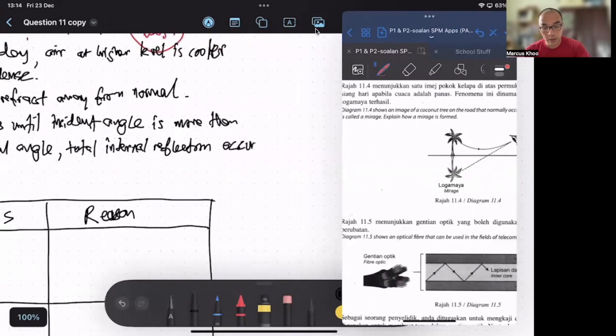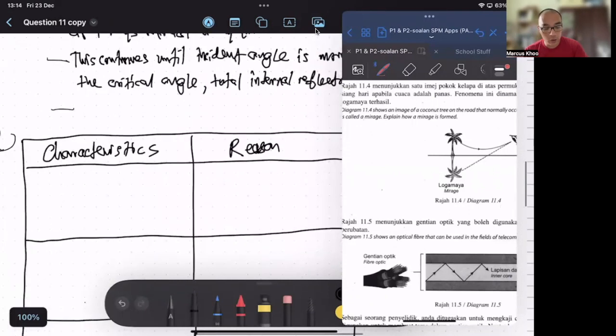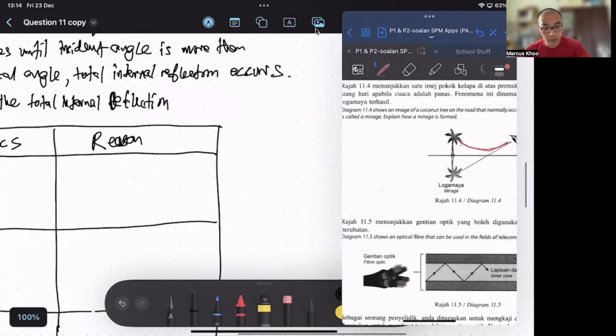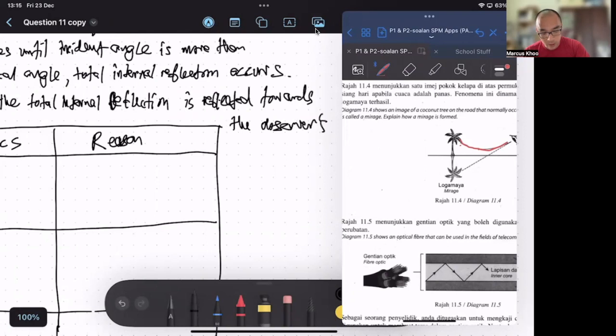So it will refract away until total internal reflection occurs. So when this happens, the image is reflected towards the observer's eye. Okay, so what we see over here is the product of total internal reflection.